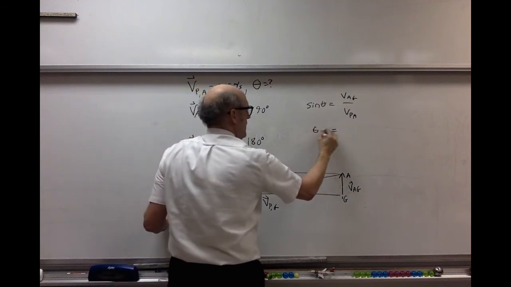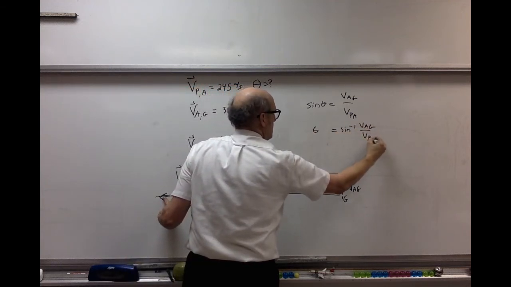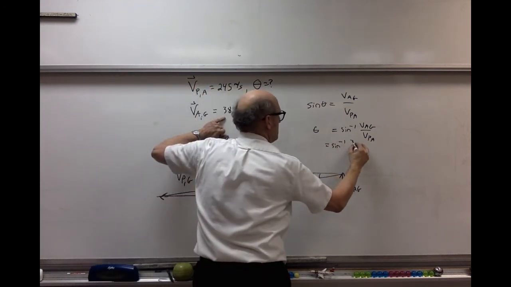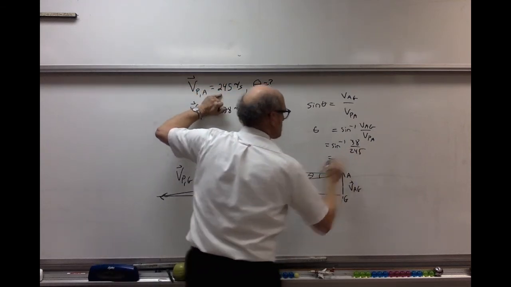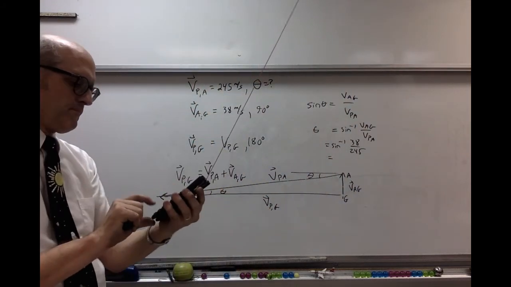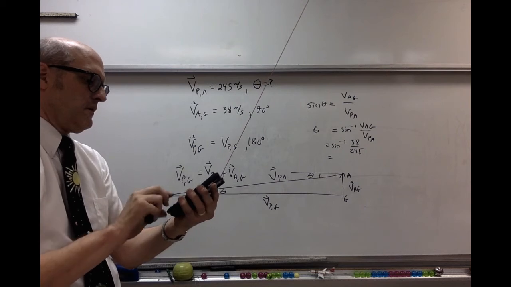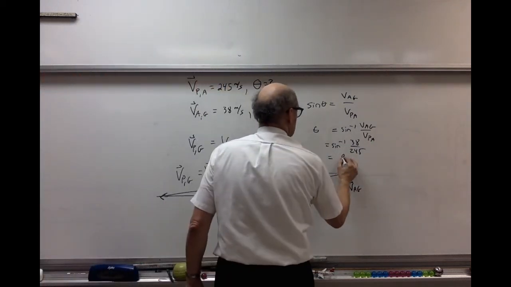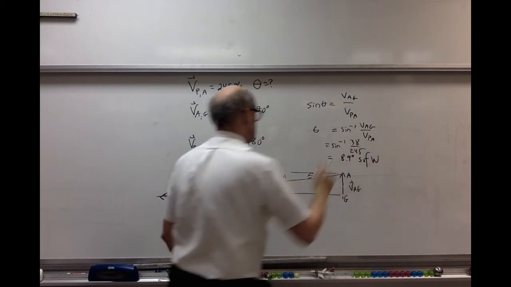So the angle then is the arc sine of VAG over VPA, or the arc sine of 38 meters per second over 245 meters per second. And I'm getting about 8.9 degrees. And that would be south of west.